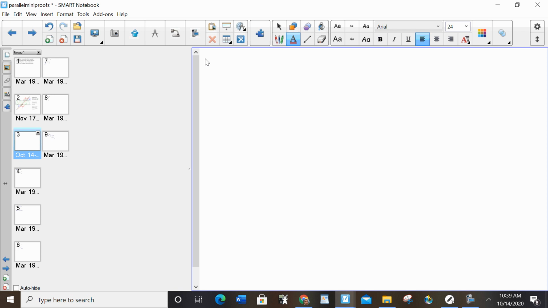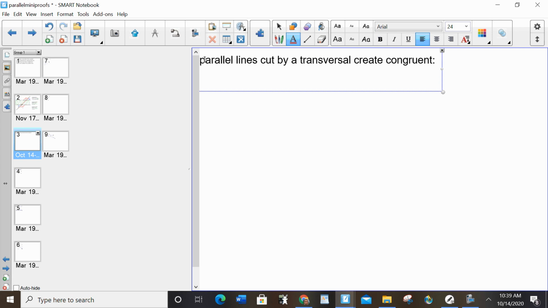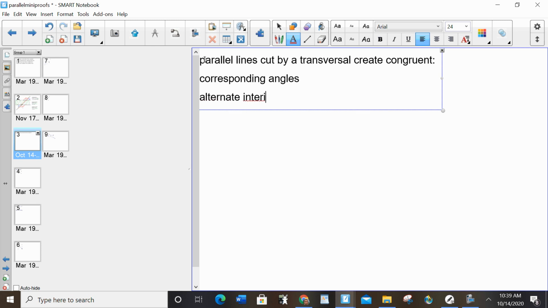You're going to either have parallel lines cut by a transversal create congruence. That's how to always start. Then it's going to either be corresponding angles, alternate interior angles, or alternate exterior angles.